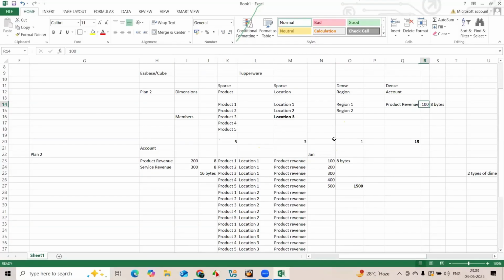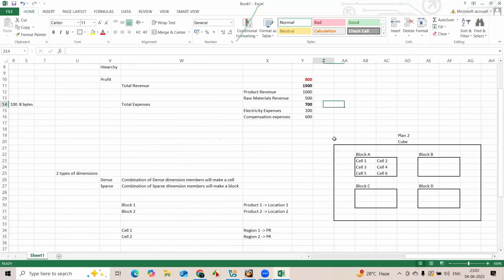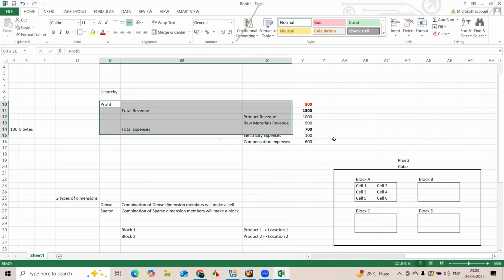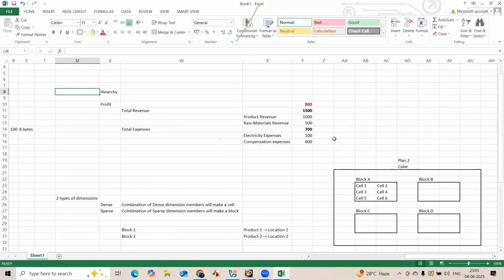For example, here we have product profit, total revenue, product revenue, total, and we can see a tree figure here. If this tree is lengthy, with many levels going up, like this is level 0, this is level 1, and this is level 2, if there are more levels, then you can tag that dimension as dense.